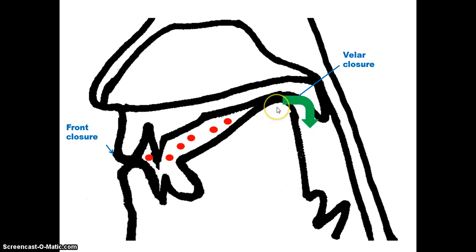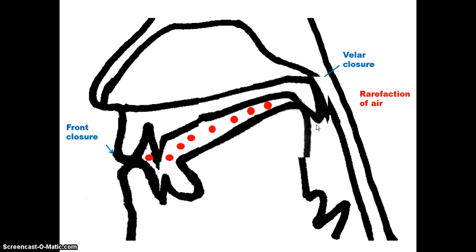When the tongue is moved backwards and downwards along the slope of the velum, there is rarefaction of air. This creates atmospheric pressure outside the front closure imposed by the lips in this case. When the front closure is released, the air is sucked into the mouth.